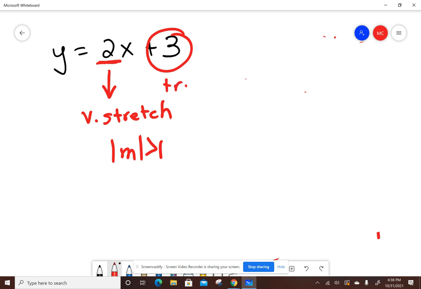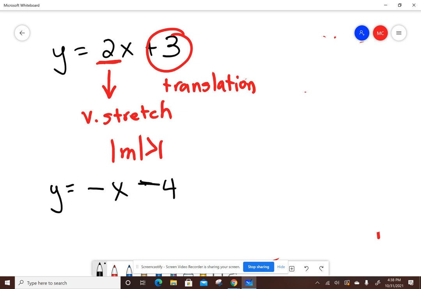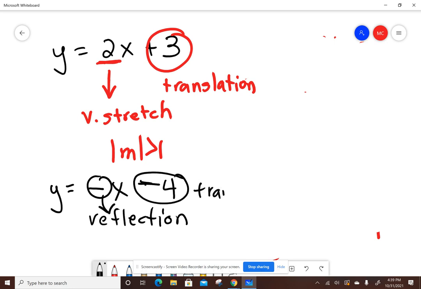And this would be a translation because you're adding 3. Let's look at another one. y equals negative x minus 4. This would be a reflection. Why is it a reflection? It's a reflection because the slope is negative. This would be a translation because you're subtracting 4.